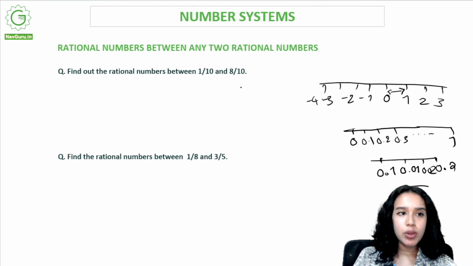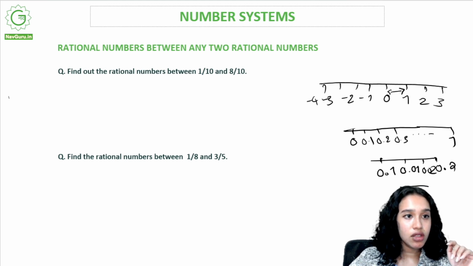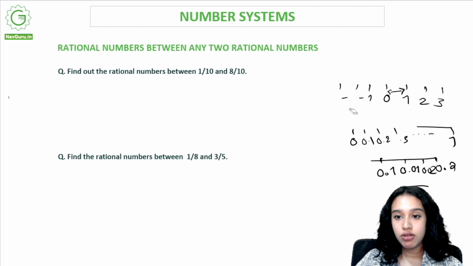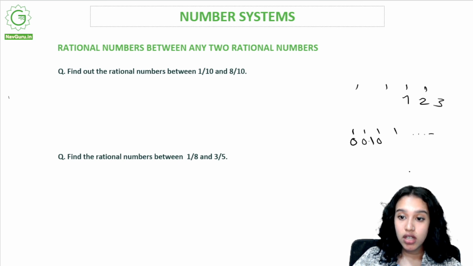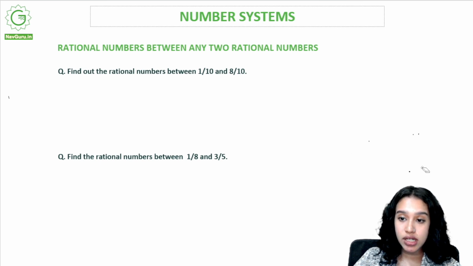So here we have fractions and we have to find the numbers between them. We were talking about rational numbers. So what are the rational numbers present in between them? If you are getting a question like this, it's pretty simple.